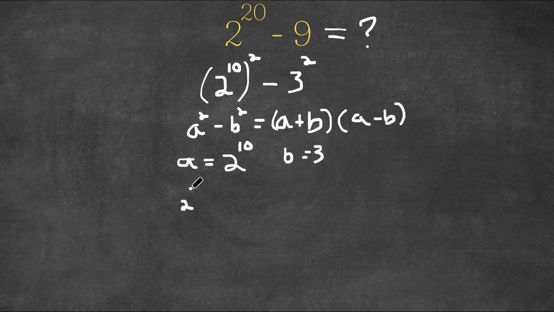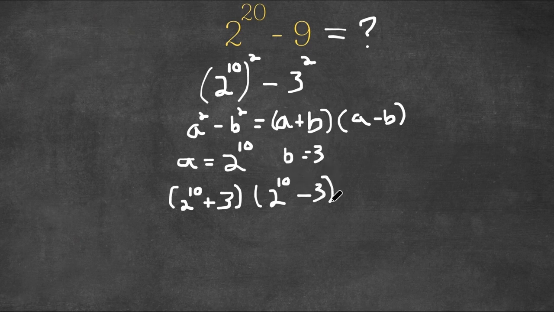So now if we plug in a and b in this expression, we would get 2 to the power of 10 plus 3 in parentheses times 2 to the power of 10 minus 3. Now, 2 to the power of 10 is 1024. And we still have our plus 3.